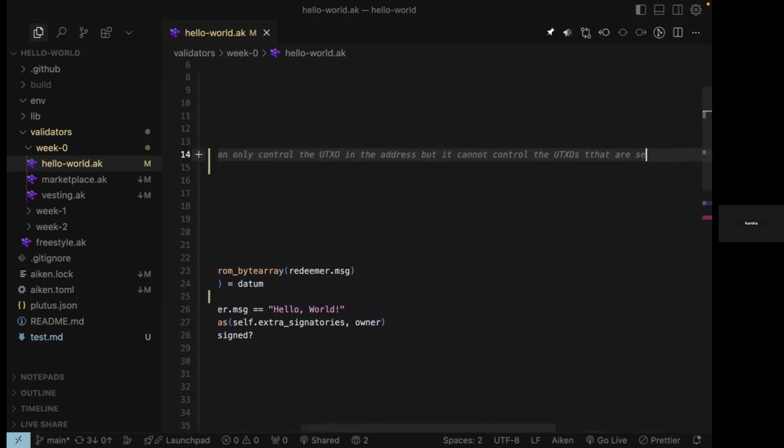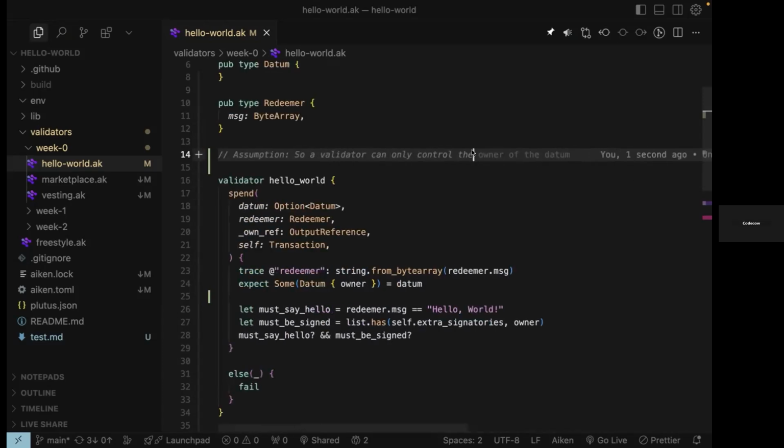I would say the question is, can a validator prevent UTXOs from being sent to it?